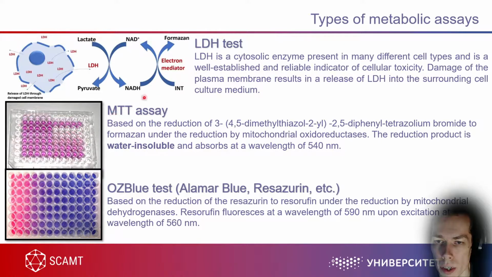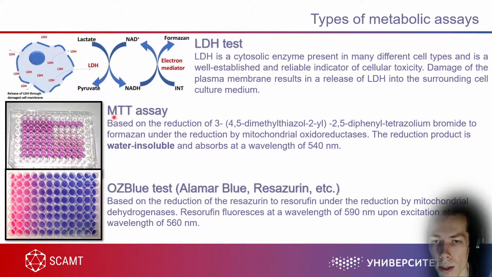So MTT is a very long compound, like you can see here, and this compound is yellow, but inside a cell during oxidation it can be transferred to a water-insoluble compound with some violet color, and this compound can be dissolved in DMSO, and you can observe some absorbance on these wavelengths.